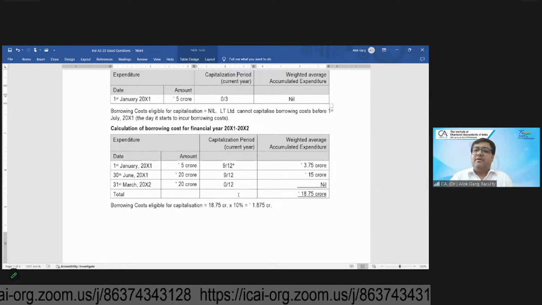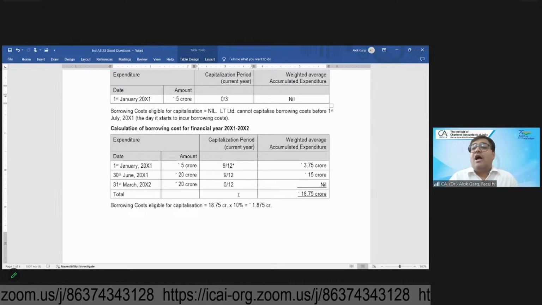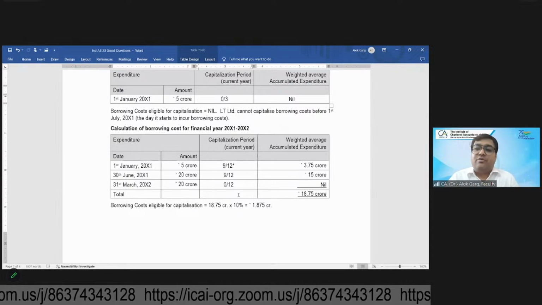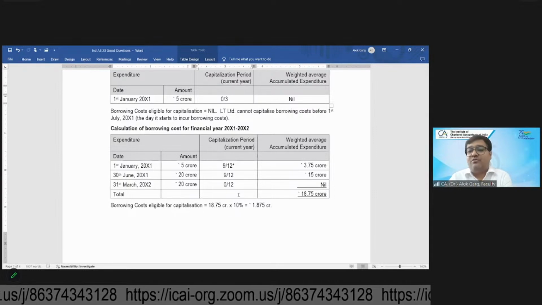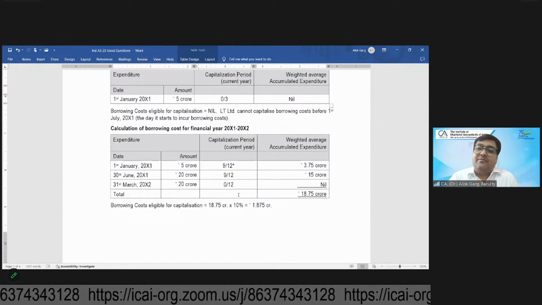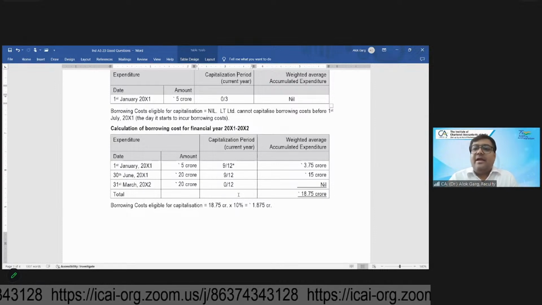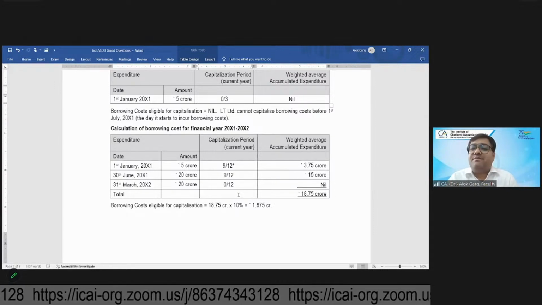Correct? But in this question, an amount of 25 crore was spent prior to taking the borrowing, and the remaining 25 crore was spent after borrowing.